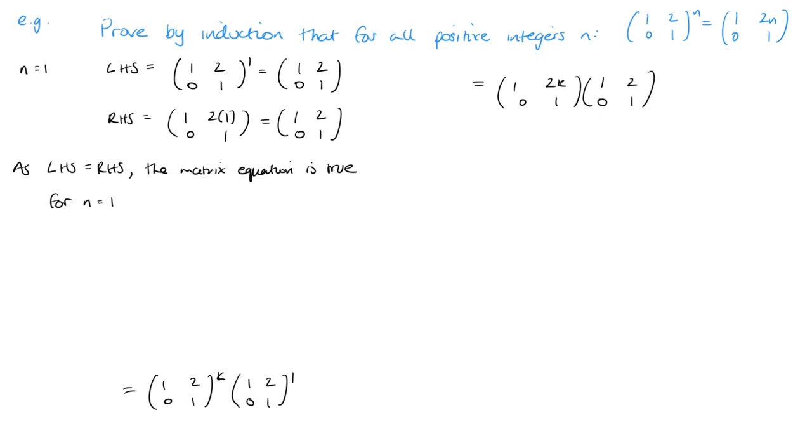Now I need to do matrix multiplication. So that means I'm going 1 times 1 and 2k times 0. And that's going to give me 1 there. Now for this step, 1 times 2 is 2. 2k times 1 is 2k. So 2 plus 2k.